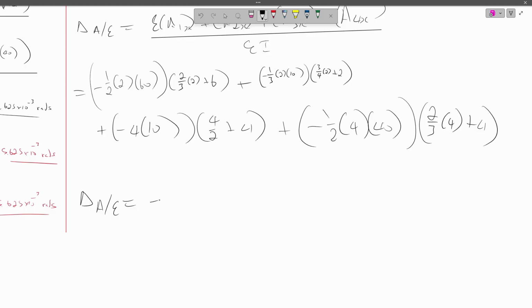Our area 1 will be minus 440. Our area 2 is 70 over 3.